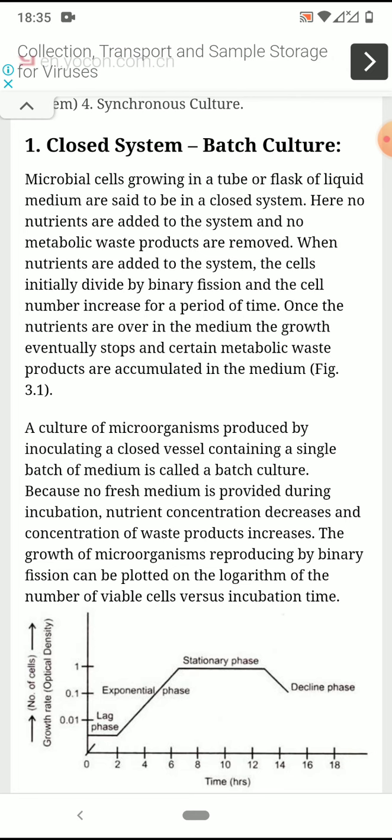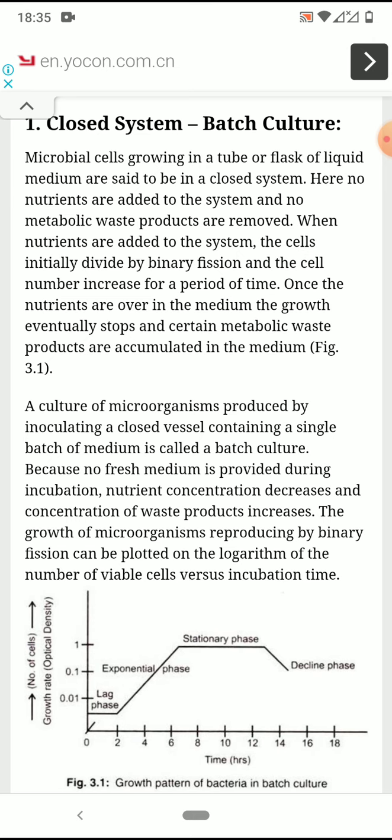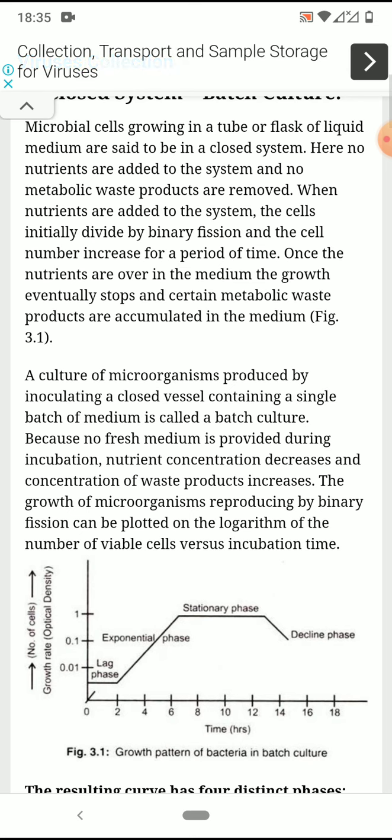Inoculating means introducing the bacteria into a particular medium, liquid or solid. You inoculate it into either the liquid medium, that is broth, or the solid medium, that contains agar.